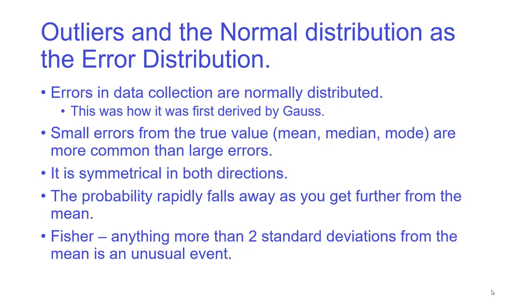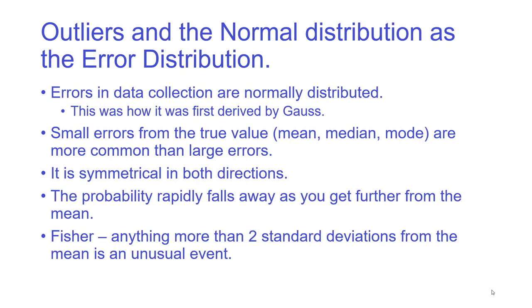The best way of identifying outliers is to consider the normal distribution. So the normal distribution was originally devised by Gauss in order to interpret the errors that he was finding in looking at astronomical measurements. So he was finding that from day to day, the stars weren't exactly where he expected them to be. There was a bit of variation.